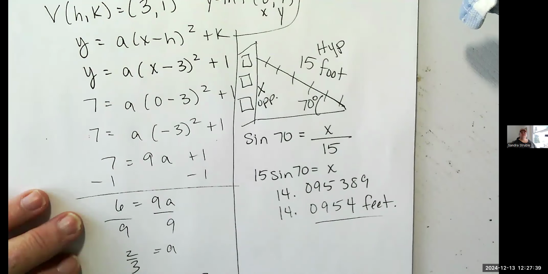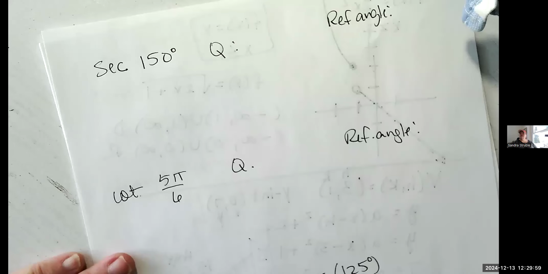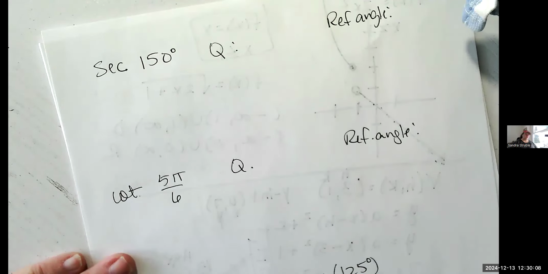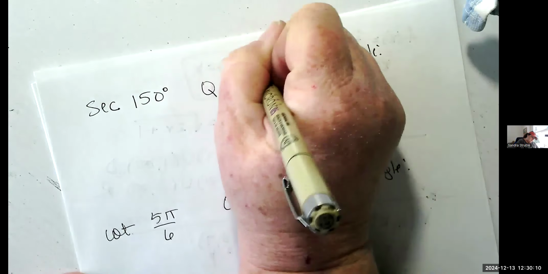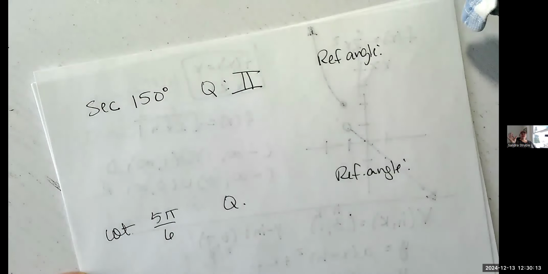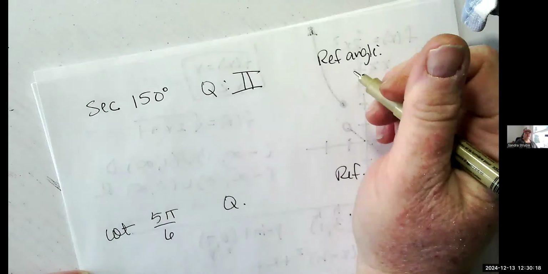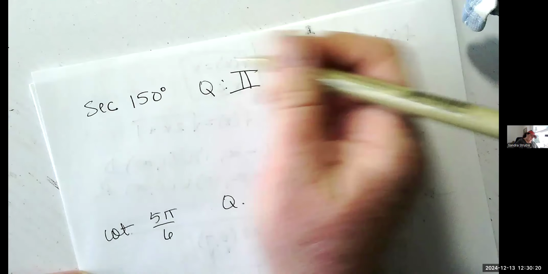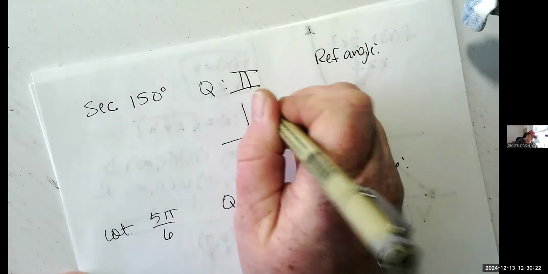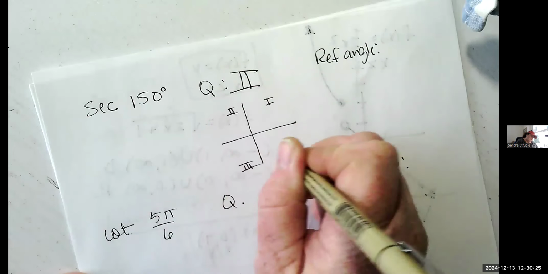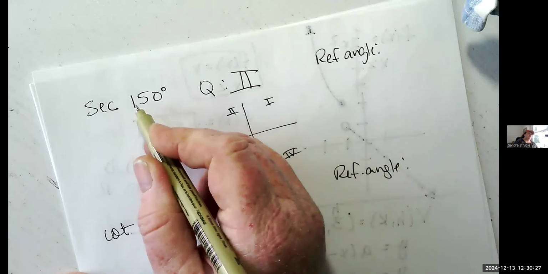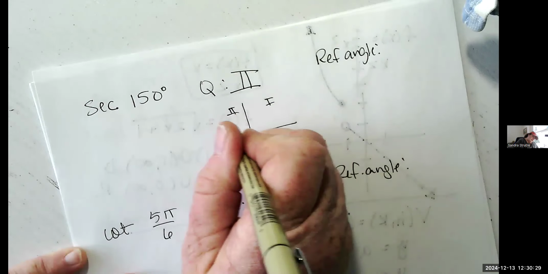All right. Bear with me just a second. Okay, so the first one is secant of 150. All right, so 150 degrees is in which quadrant? It's in quadrant 2. Remember, quadrant 1 is where x and y are positive, and it goes counterclockwise. So quadrant 2 is here, 1, 2, 3, and 4. And this is secant of 150, and 150 is right here.